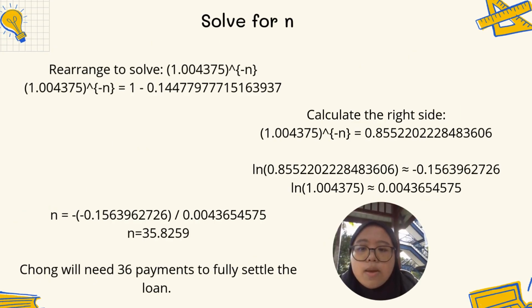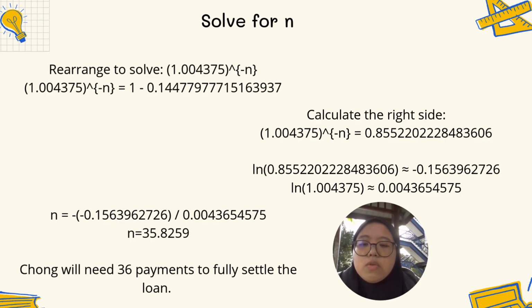Now, for the next step, we have to solve for n. Rearrange to solve (1.004375) to the power of negative n equals 1 minus 0.14477977715.